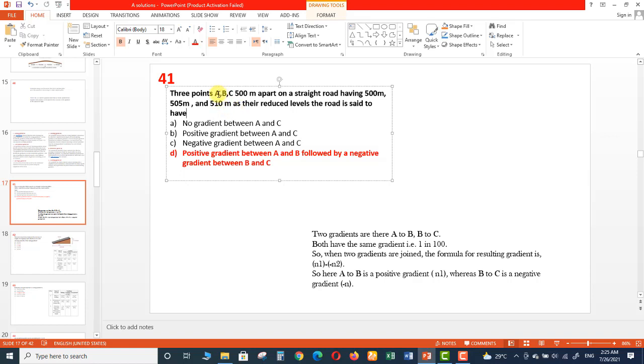So reduced level of point A is 500 meters, reduced level of B is 505, and reduced level of C is 510.